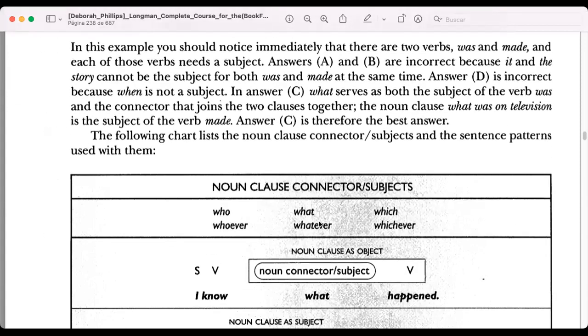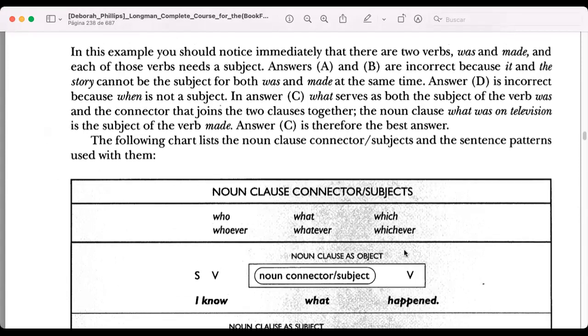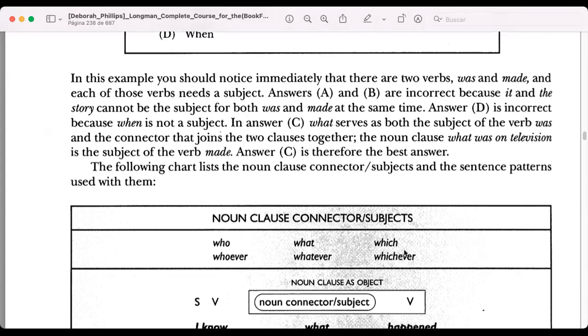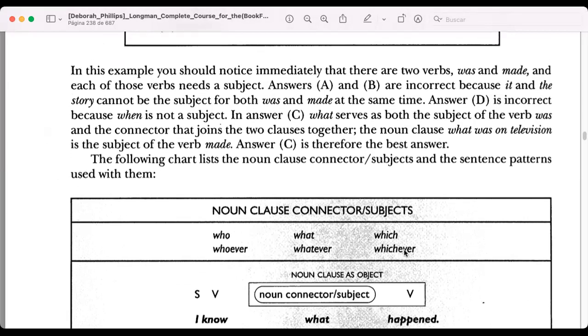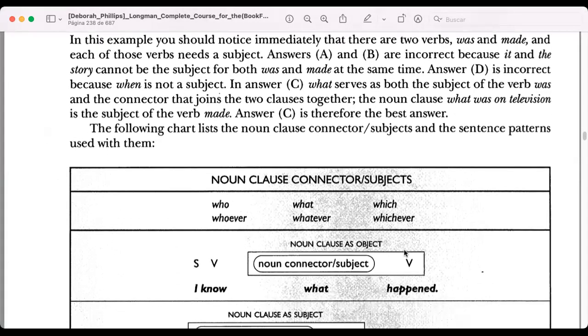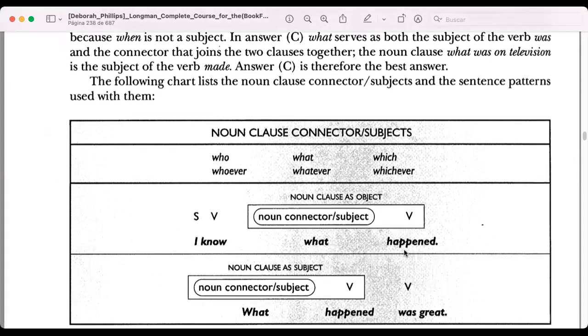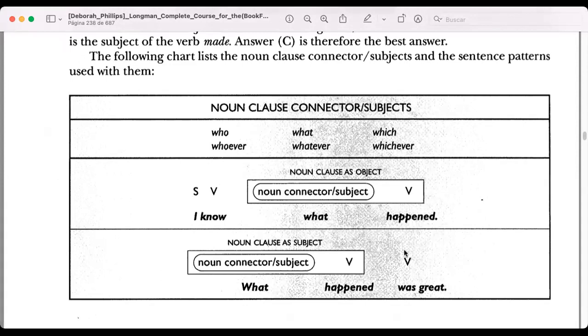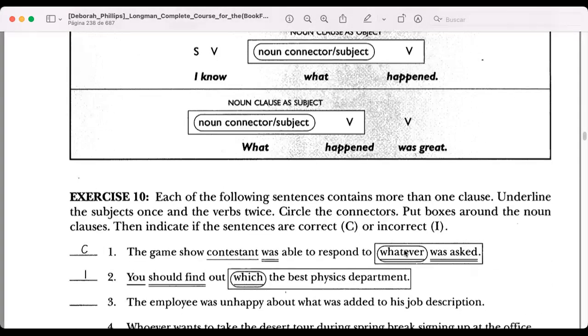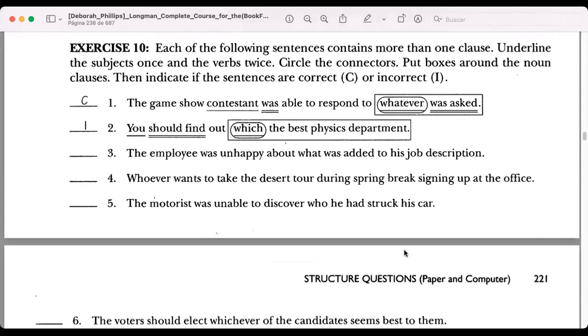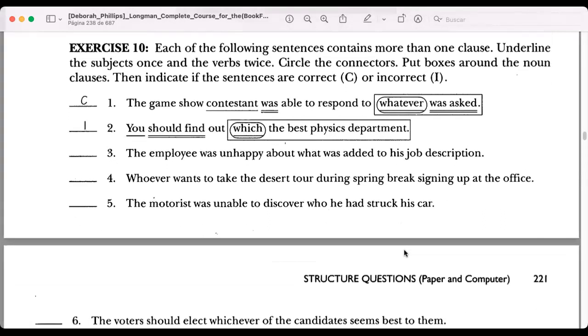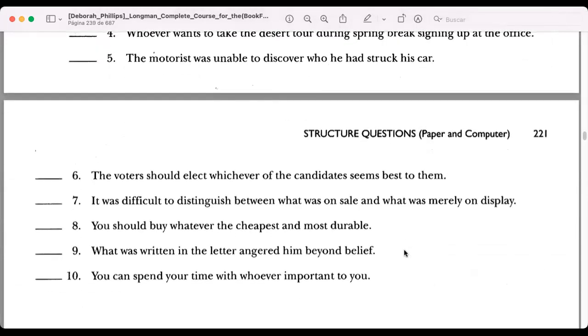Who, whoever, what, whatever, which, whichever, okay, are the connectors as subject, okay? If you want to take a picture here, ready, okay? And another picture to practice, and that's all. Ready, and then this part.